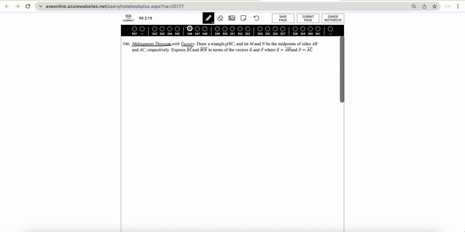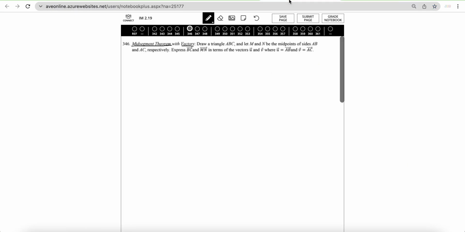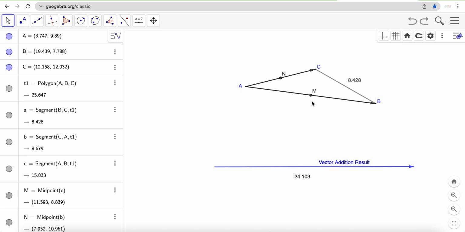like this one. So draw a triangle ABC, let M and N be the midpoints of AB and AC respectively. So I've already kind of set this up. Here's the triangle ABC, AB, AC, here's M and N respectively. And just a little side note, when I used the midpoint tool in GeoGebra, it automatically named them D and E because those are the next letters.